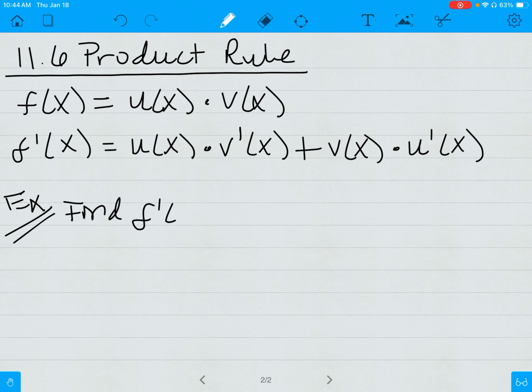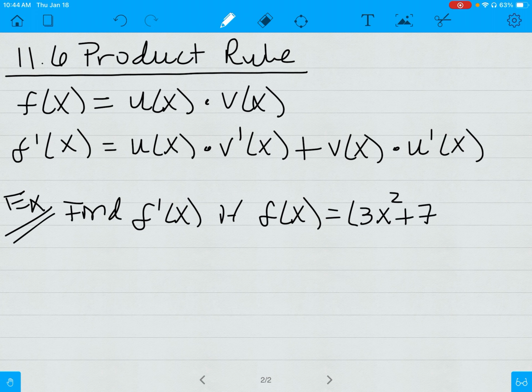Find f prime of x if f of x equals 3x squared plus 7, and let's multiply that by 4x minus 2.